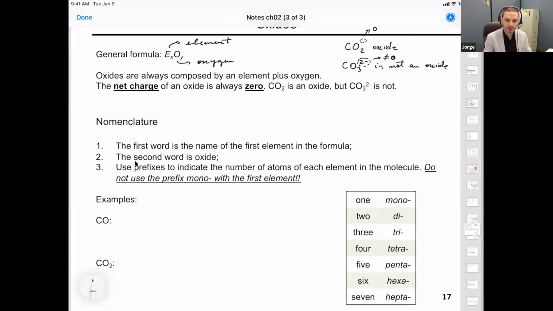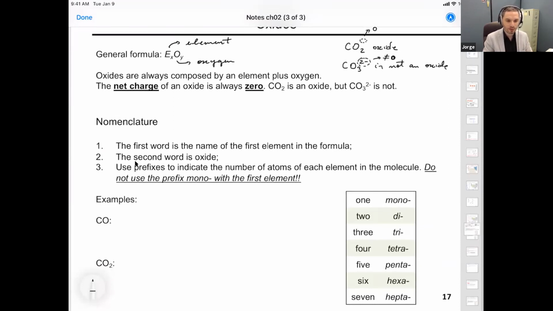So for oxides, you will need to use prefixes to indicate the number of atoms because there will be more than one combination possible between two elements to form an oxide.